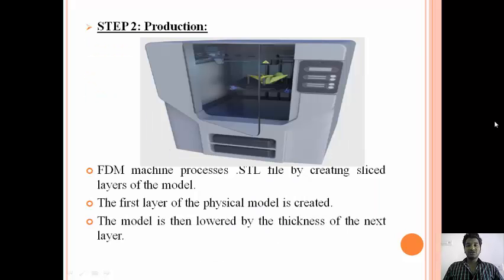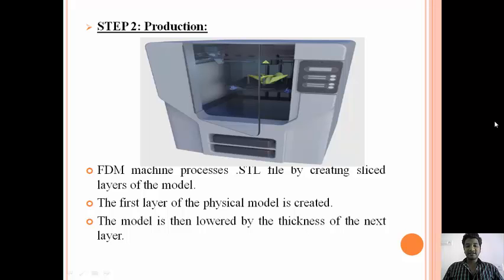Step two, production. In this step, we feed the model into an FDM or rapid prototype machine, which converts it into an STL file. The machine creates a layer by layer section of the model.